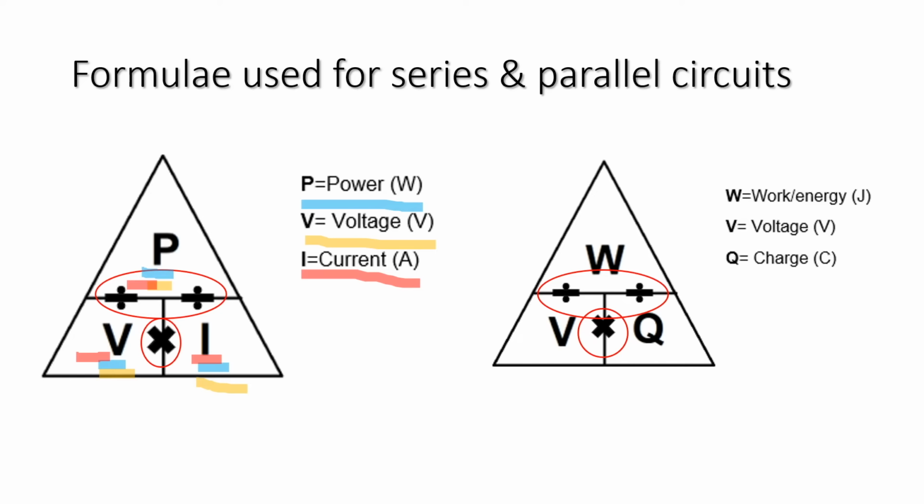So if we'd like to calculate work, the formula we'll use is W is equal to V times Q. Voltage is V is equal to W divided by Q. And charge is Q is equal to W divided by V.